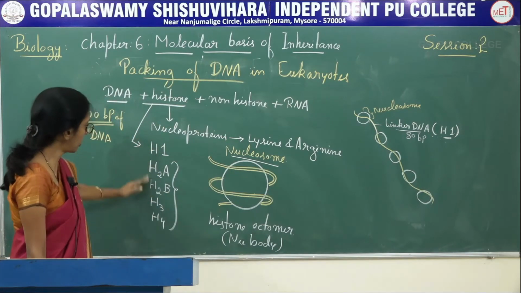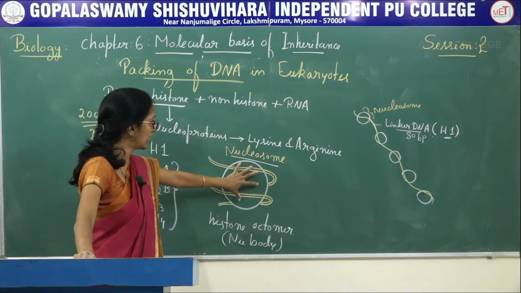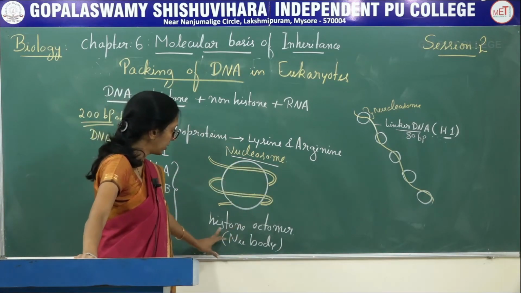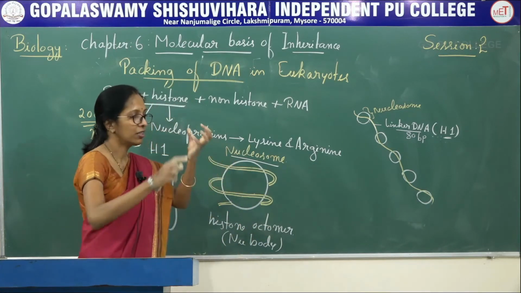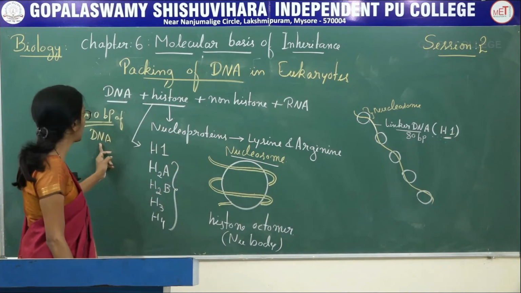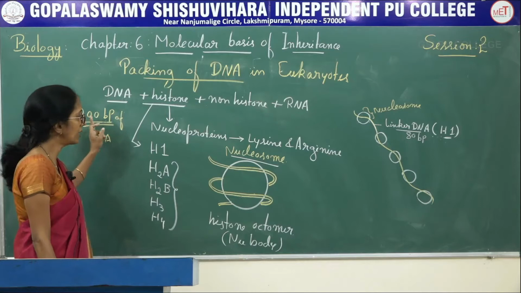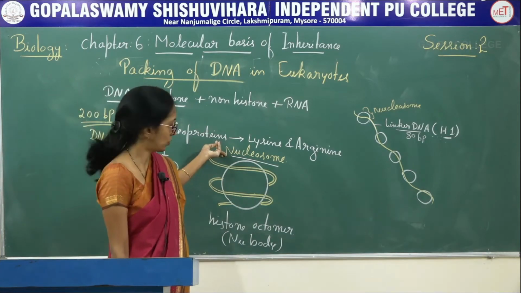Out of these 5, these 4 occur in pairs to form a structure that is said to be histone octamer or core, and this core is completely wrapped by this DNA, made up of 200 base pairs, to form a structure that is said to be nucleosome.